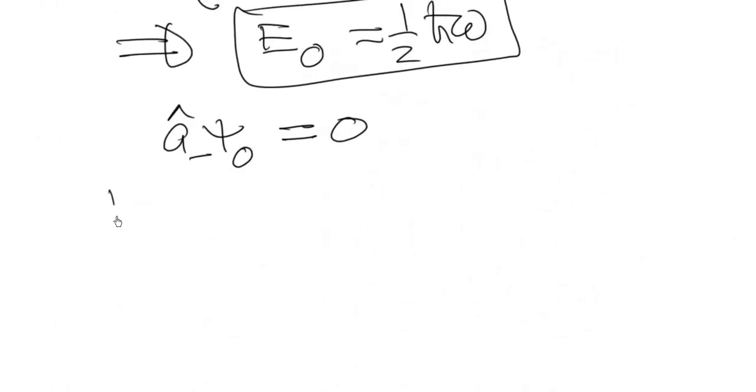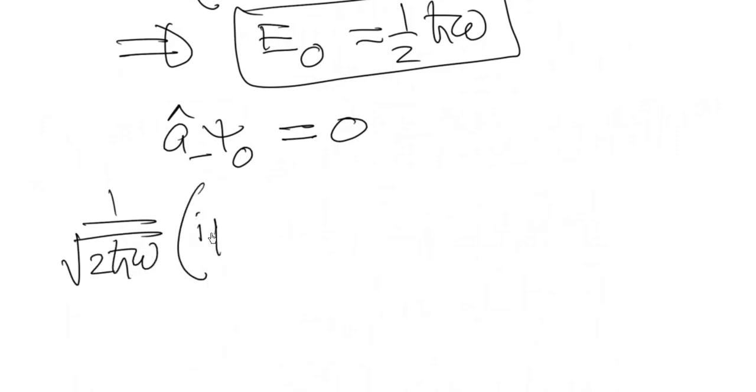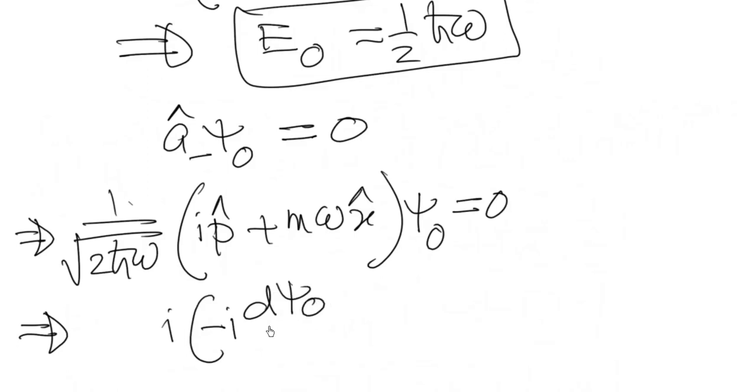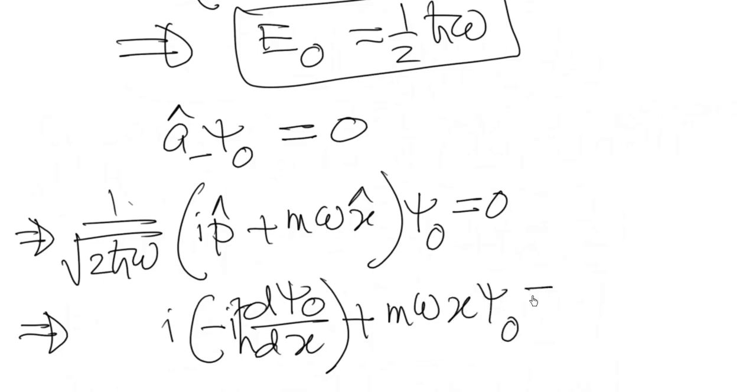Okay, now a minus is 1 by square root of 2 h cut omega, and this is (i p plus m omega x), and this acts on psi naught equal to 0. So if we divide both sides by this factor, then we'll have i and p, we know the operator, minus i h cut d psi naught by dx, and this is m omega x psi naught equal to 0.